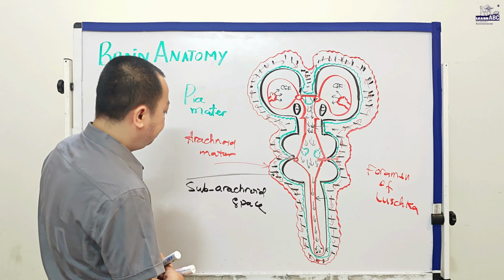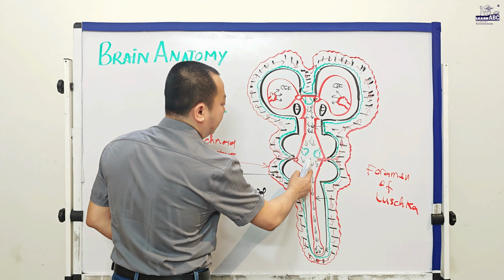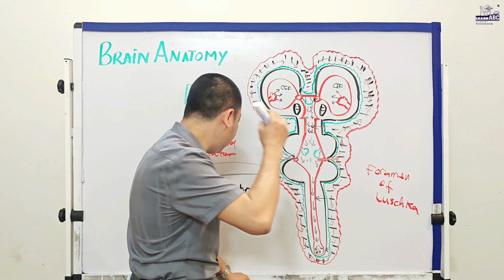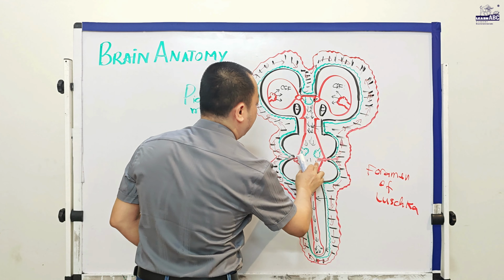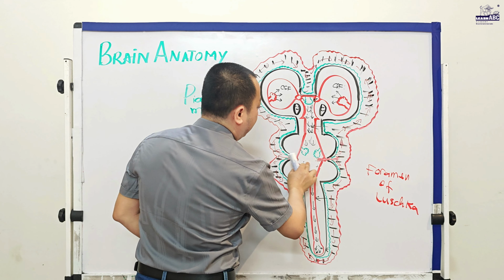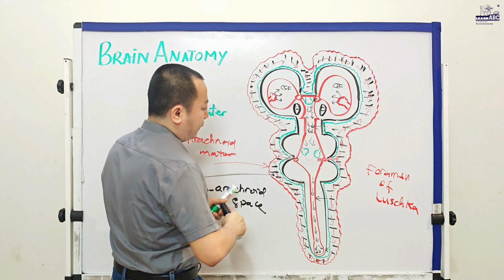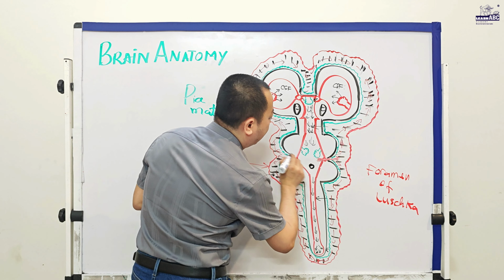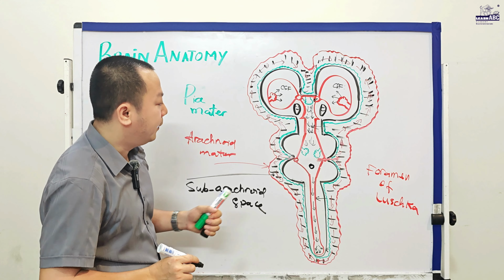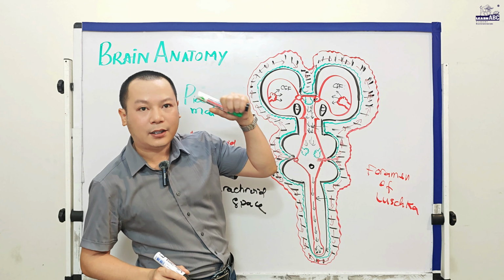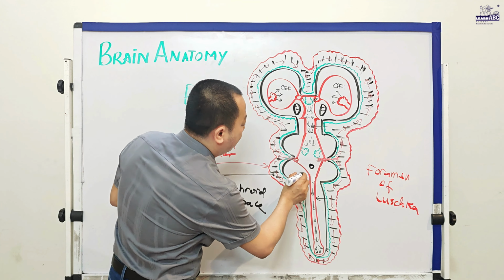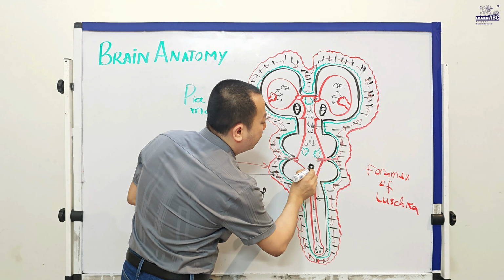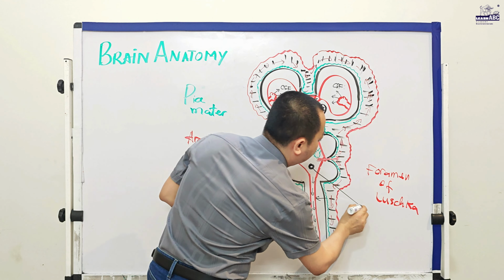One more thing here, at the back side, you see, we go posteriorly. Posteriorly at the back side there is another foramen here. From here the CSF also comes out of the central nervous system, and this foramen we call foramen of Magendie.